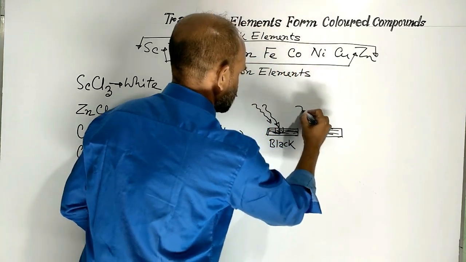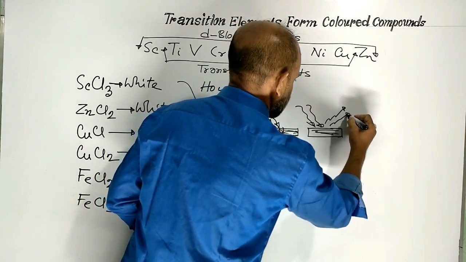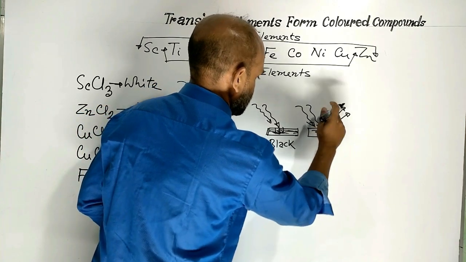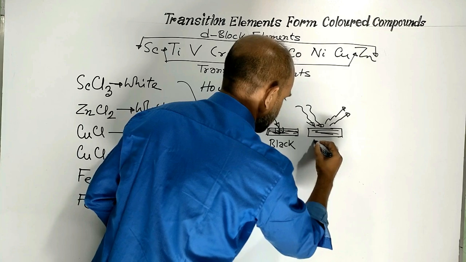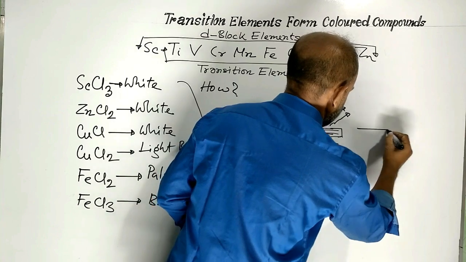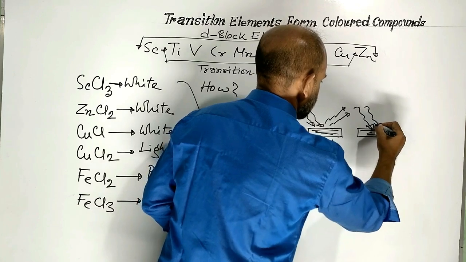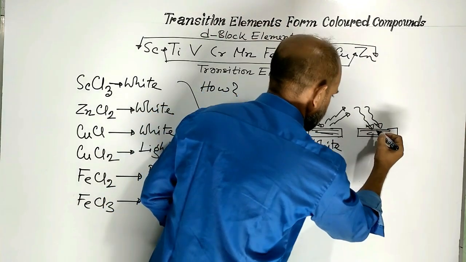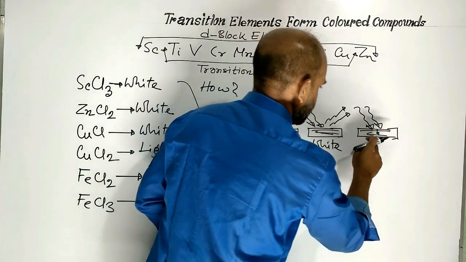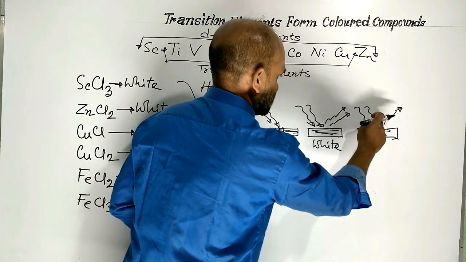When the substance reflects completely, for complete reflection, the substance becomes white in color. But in this case, this is incident radiation. It absorbs energy partially, and the substance reflects radiation partially.